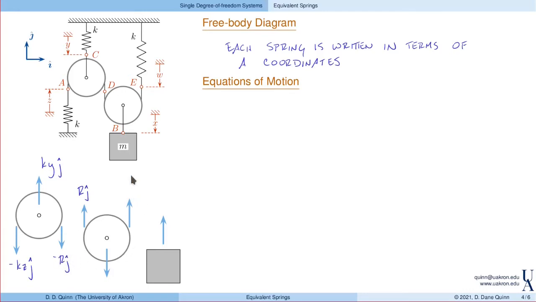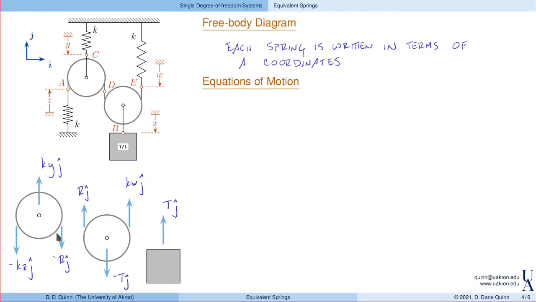Our third spring force is k times w in the j direction. And then we have this tension between the pulley and the block. So if this force is T j, this is minus T j. Again, all of the springs are related by constitutive laws, right? K times displacement, or stretch in the spring. And the internal forces are in terms of unknown magnitudes.